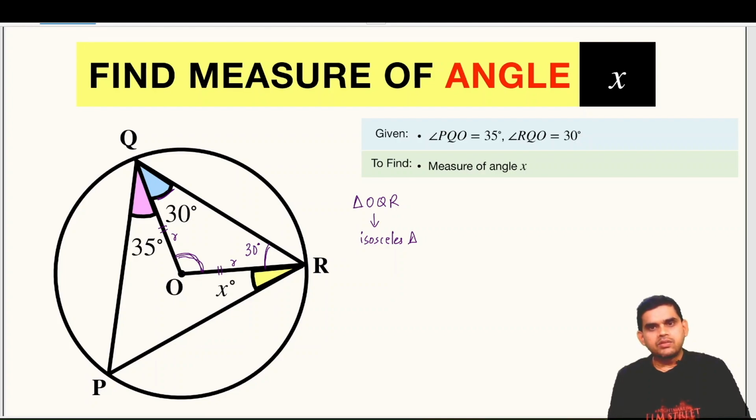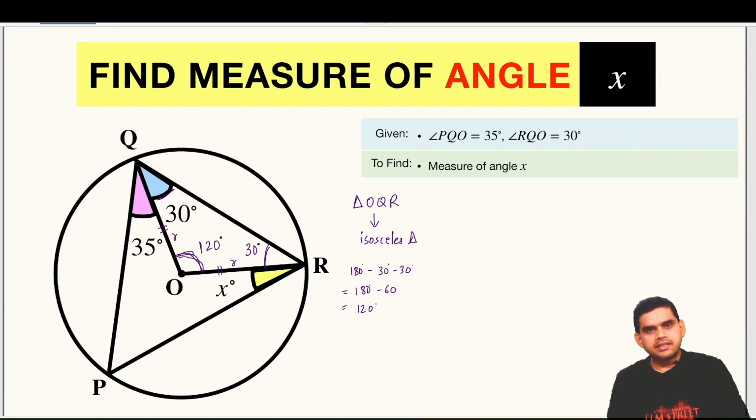This will be 180 degrees minus 30 degrees minus 30 degrees. We will use the angle sum property. So this will be 180 minus 60 degrees, and this is equal to 120 degrees. So the central angle is 120 degrees.